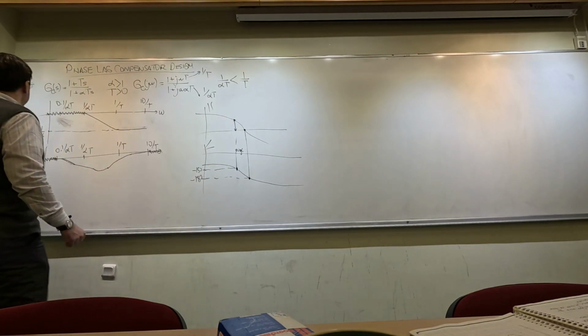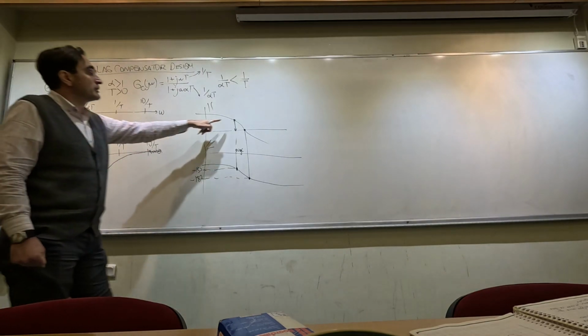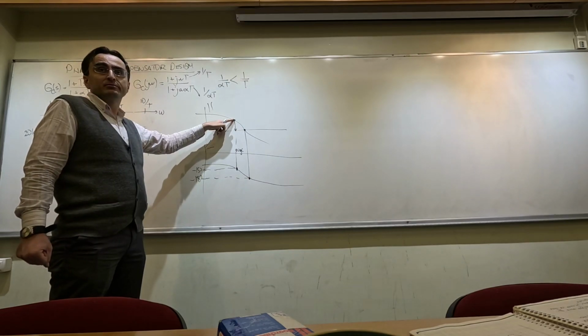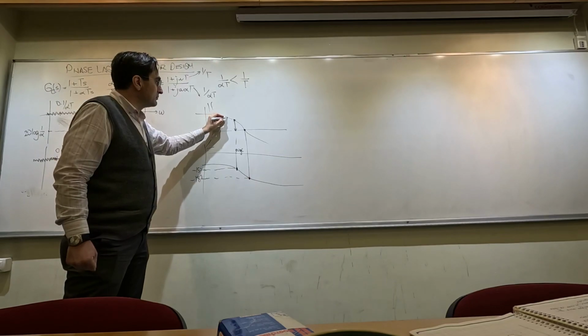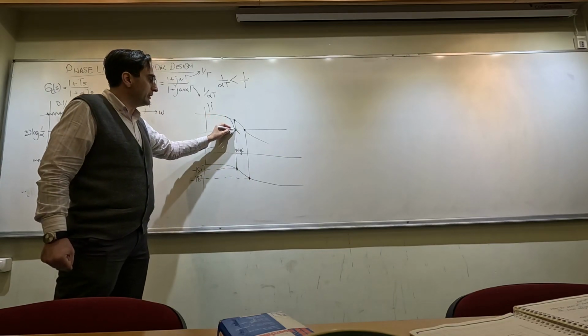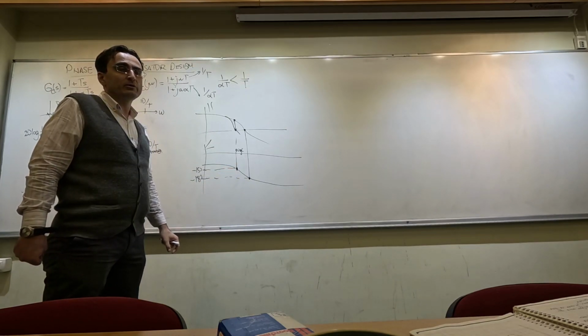So I will want 20 log 1 over alpha to cancel this positive gain here. I will reduce this gain to come to here so that my new phase margin is actually 30 degrees.